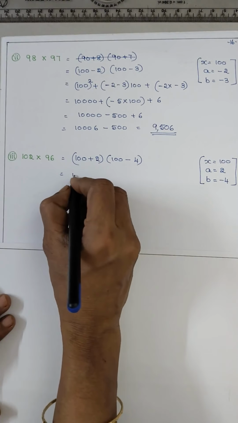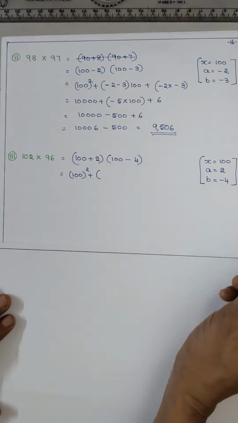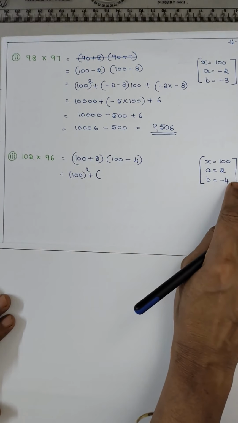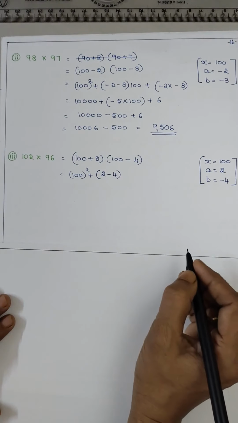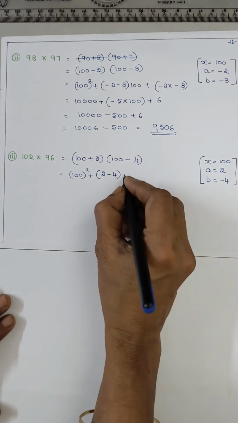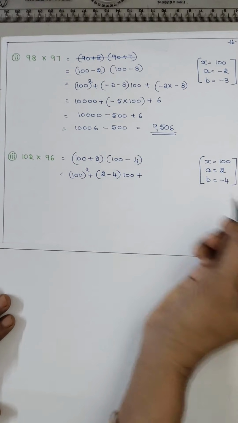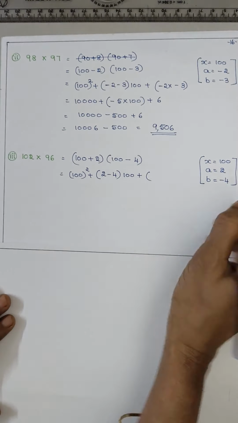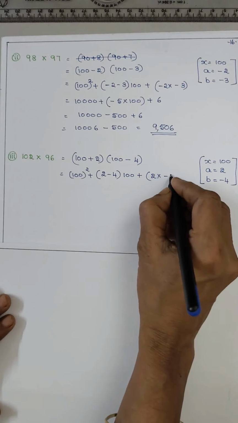Now put the values. X squared, that is 100 square, plus (a plus b, 2 minus 4) into x, 100, plus ab, a is 2 into minus 4.